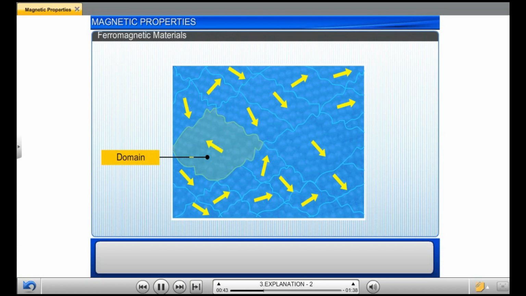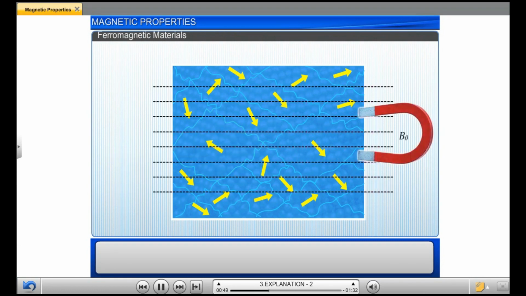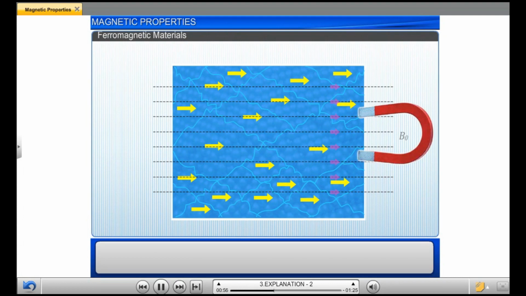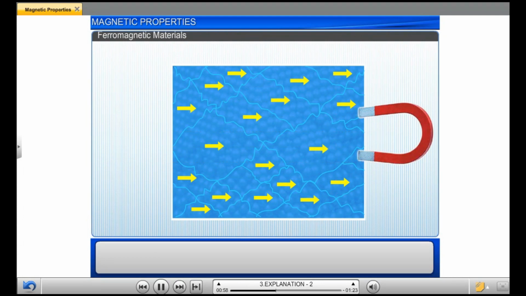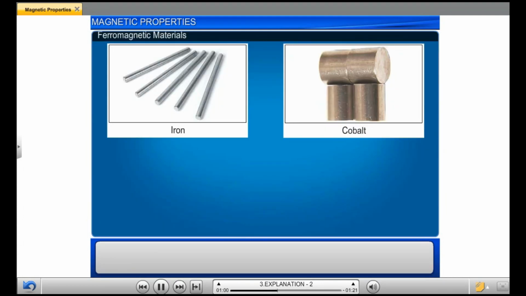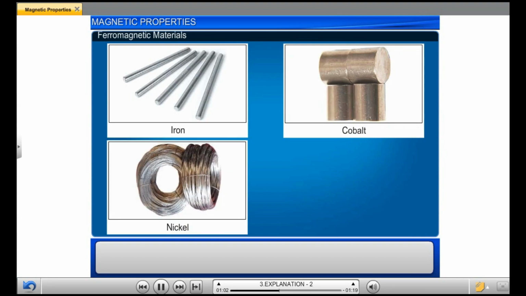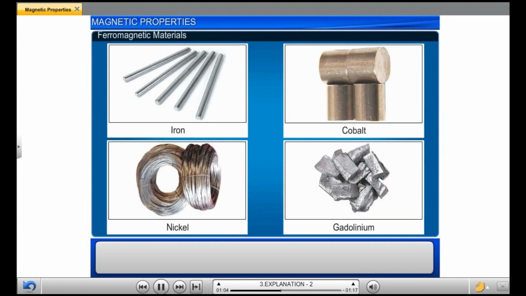Thus, each domain acts as a tiny magnet. When the ferromagnetic substance is placed in a magnetic field, all the domains get oriented in the direction of the magnetic field. Iron, cobalt, nickel, and gadolinium are some examples of ferromagnetic materials.